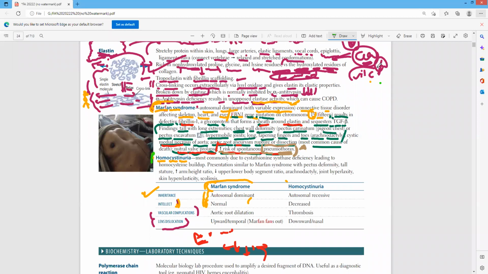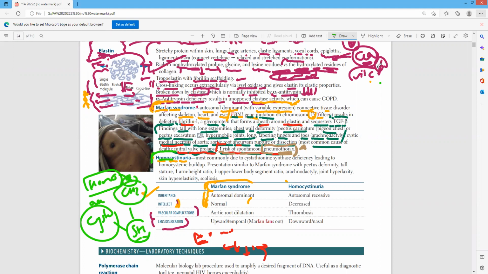For homocystinuria, you will have what's called homocysteine. If you don't understand this, we will associate it with the amino acid cysteine, and you will see in detail that cysteine contains that sulfhydryl. Homocysteine differs only by the number of carbons, and from homocysteine you can synthesize cysteine.